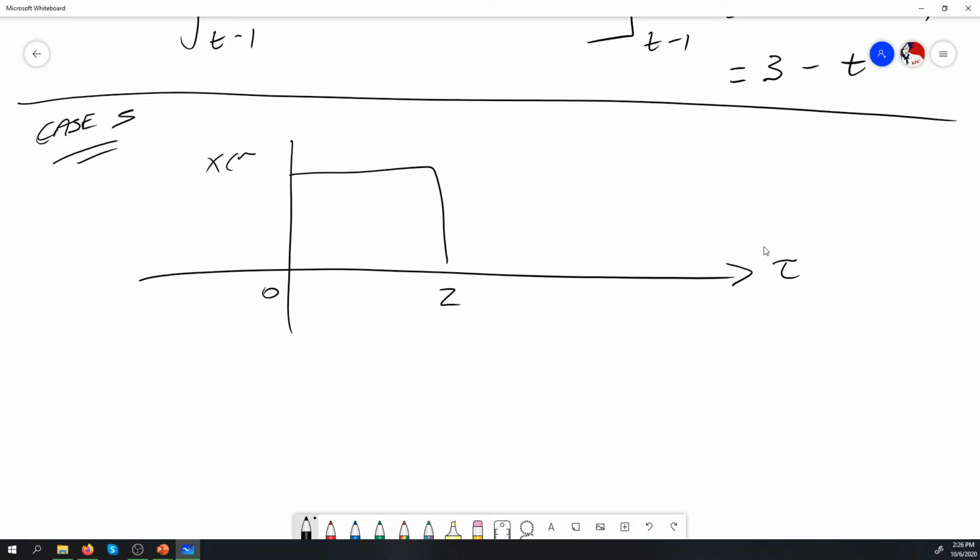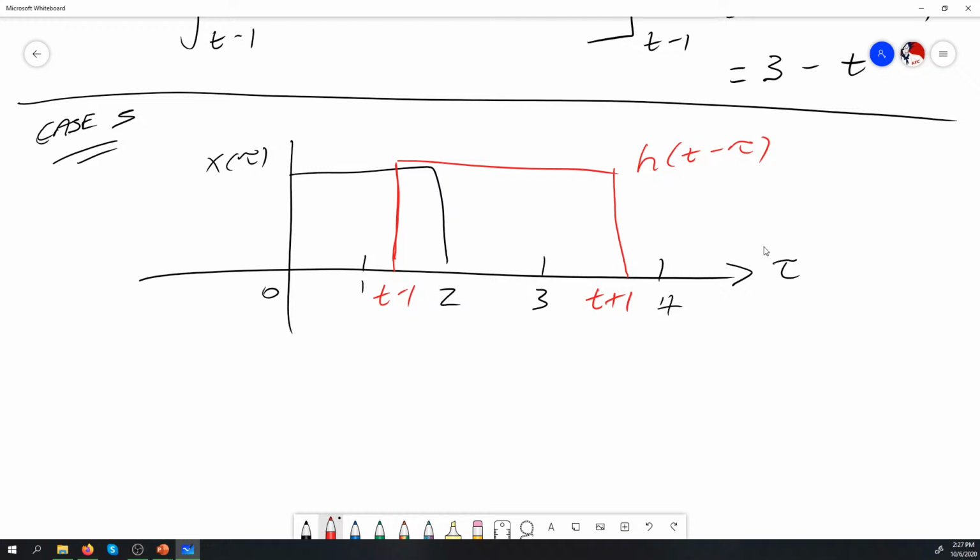This being our x of tau signal. This will be 3, this will be 4. We know our falling edge here, so h of t minus tau signal, t minus 1. This here is going to be t plus 1. And the overlap region for where the two signals have some overlap is going to be represented by this green shaded area here.